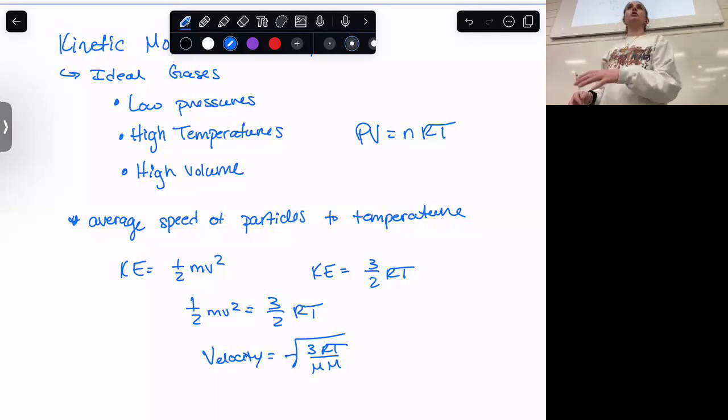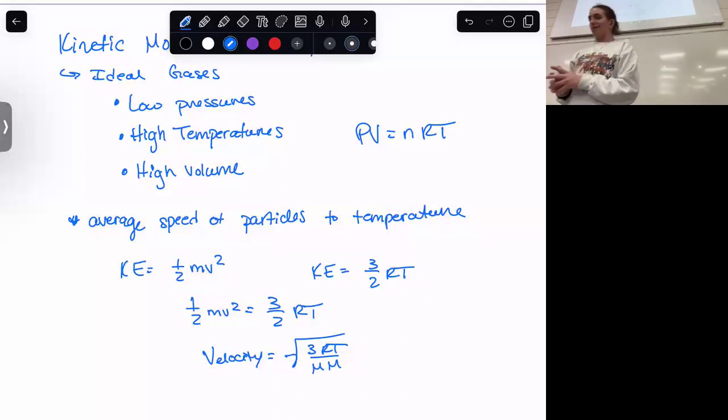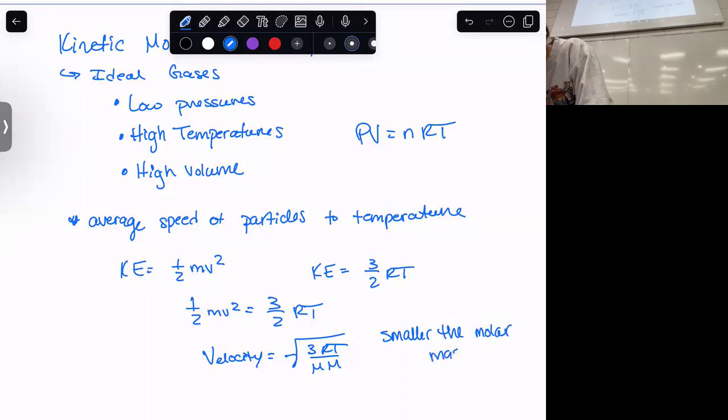And so what kind of relationship do velocity and molar mass have? The smaller the molar mass, the faster the velocity, yep.